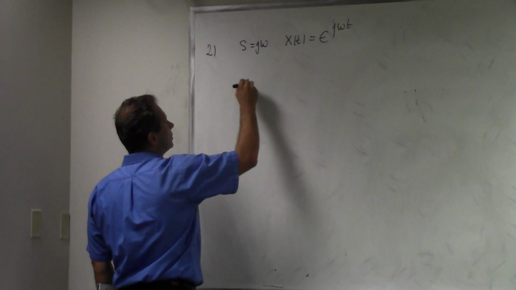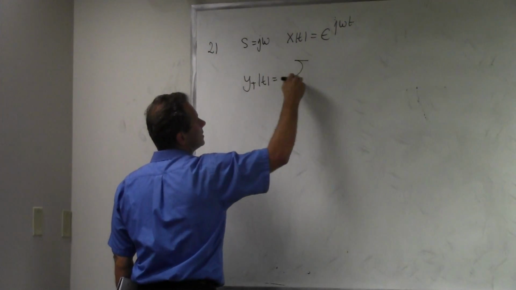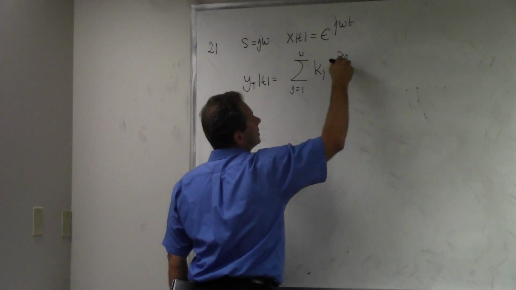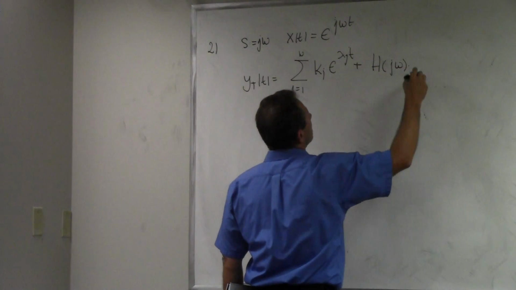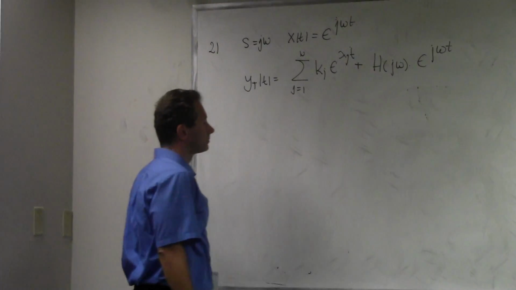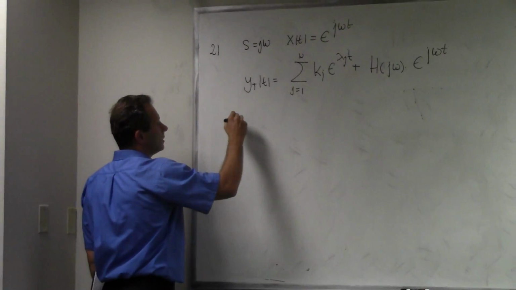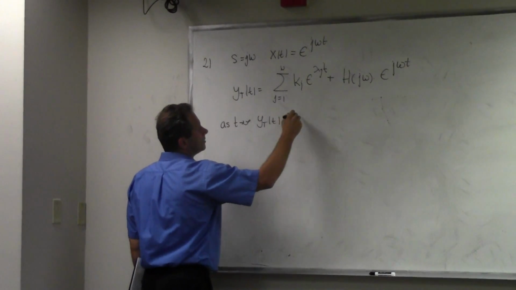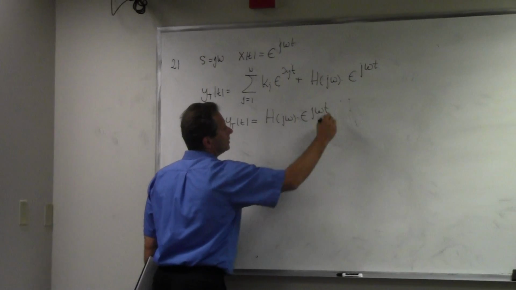So here my total output y of t is going to consist of all the transients, sum j goes from 1 to n, kj e to the lambda j t, plus h evaluated at j omega times e to the j omega t. Just like in the previous example, as t goes to infinity, y of t becomes h of j omega e to the j omega t.